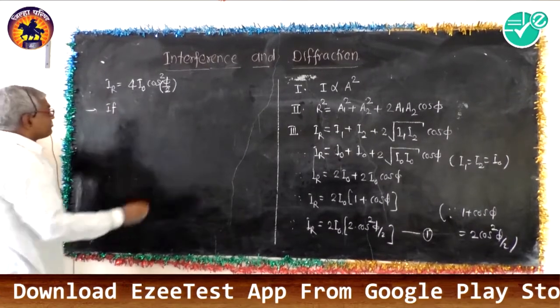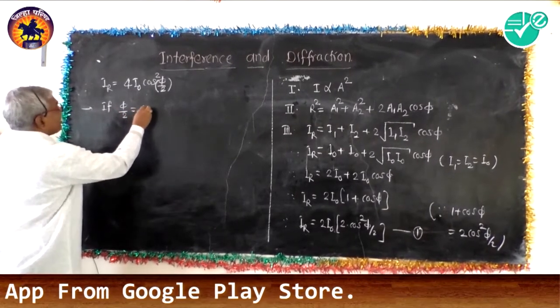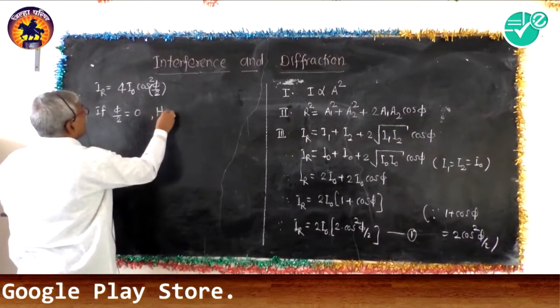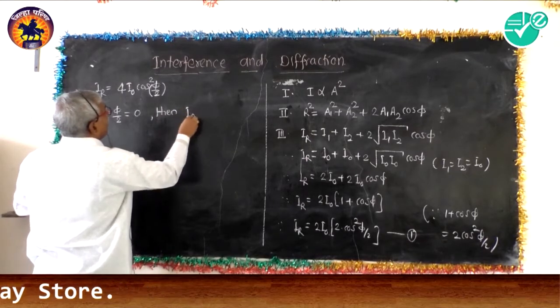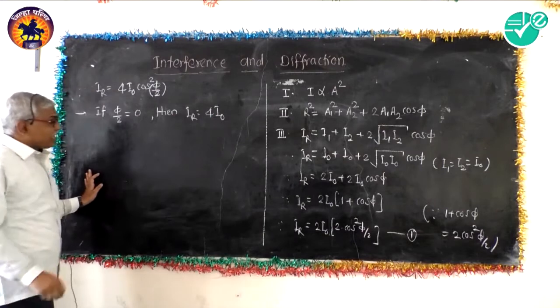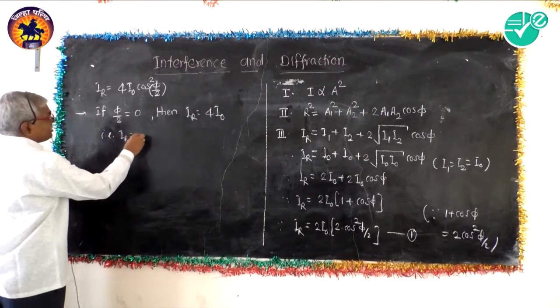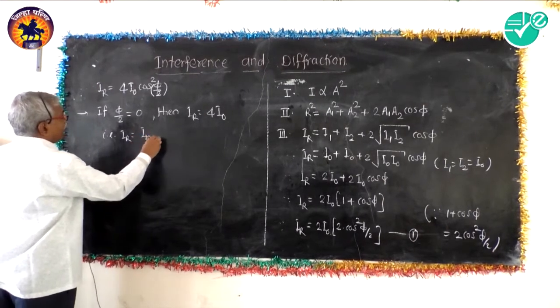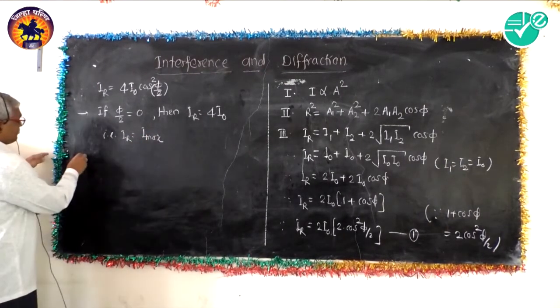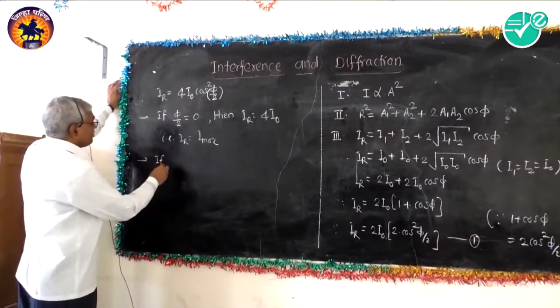If phi by 2 is equal to 0, then IR is equal to 4 times I0, that is IR is equal to Imax, that is maximum intensity of light.